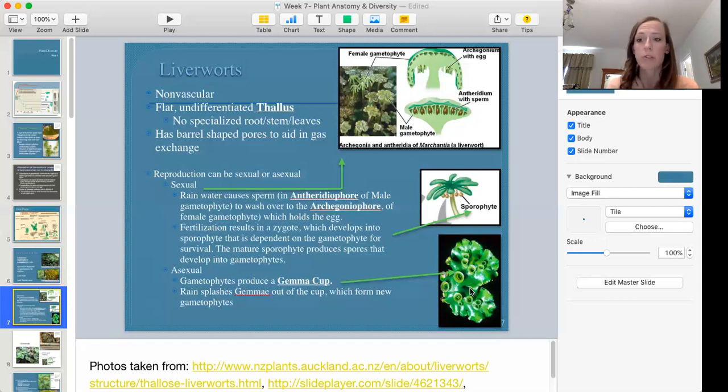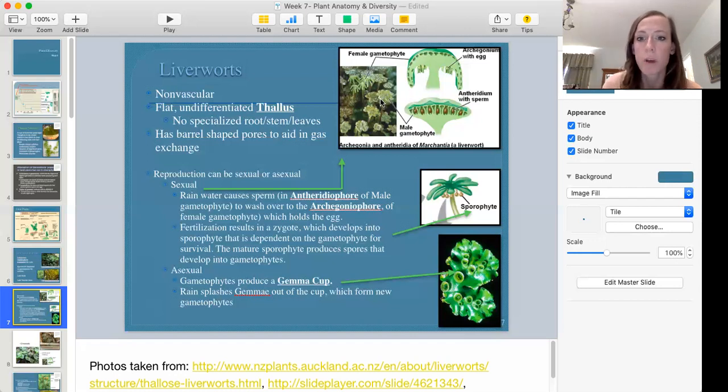They're also able to reproduce sexually, and they do this by means of antheridiophores and archegoniophores. If you look at this top picture now, down below there's the thallus, and then there's this small stalk that leads to two different shapes of structures on top.